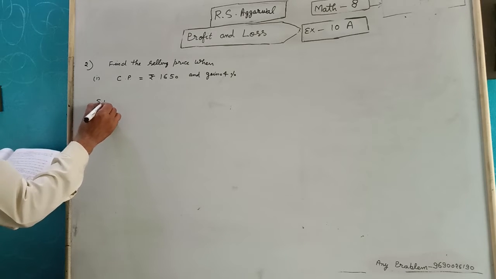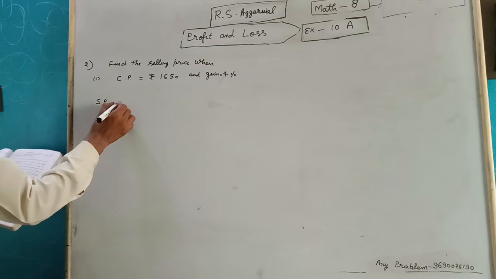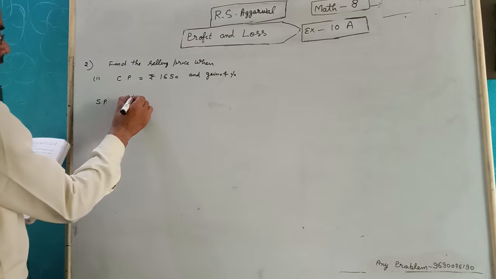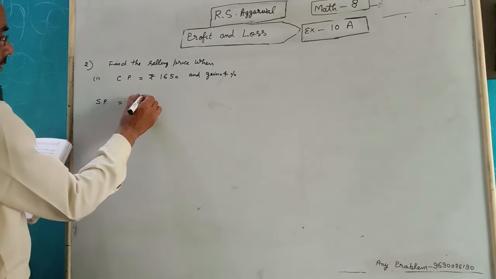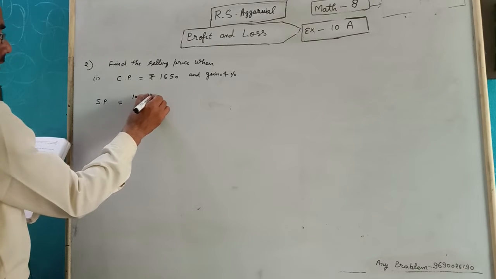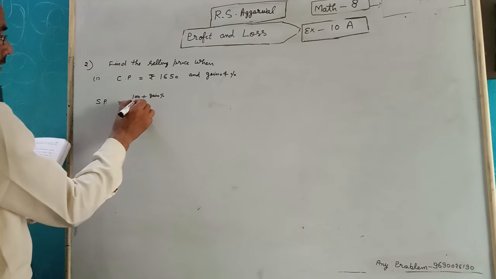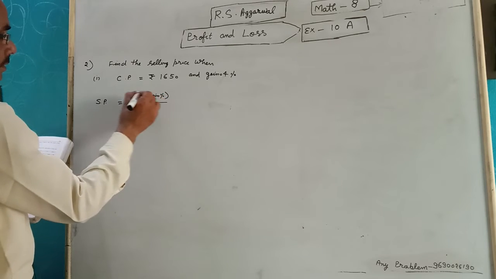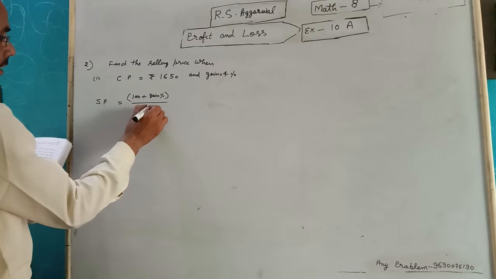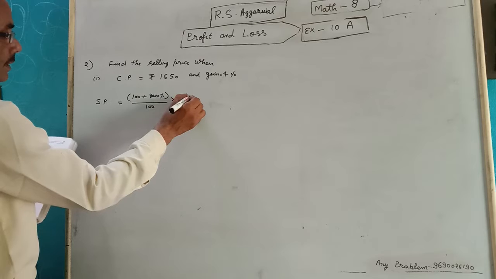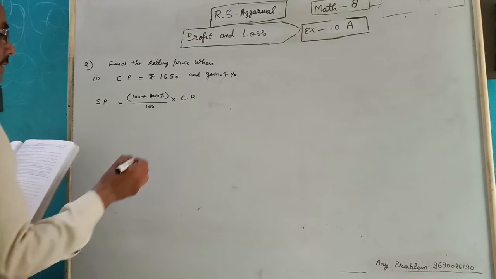SP is equal to (100 plus gain percent) upon 100 into CP.